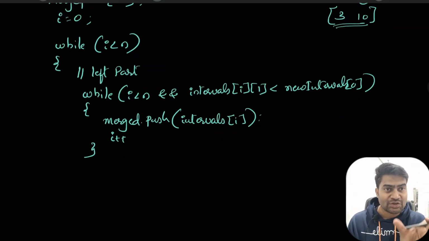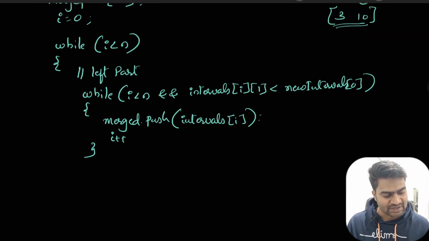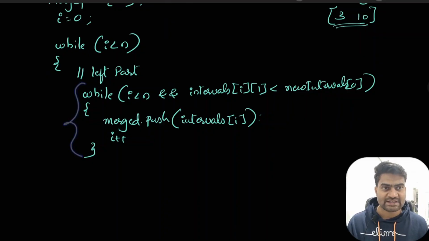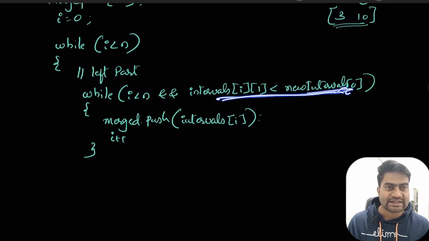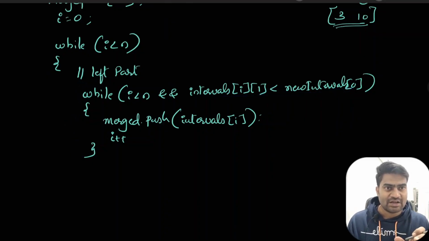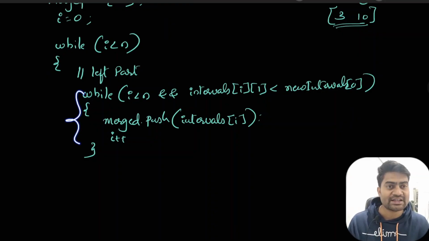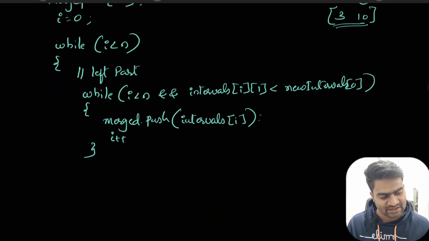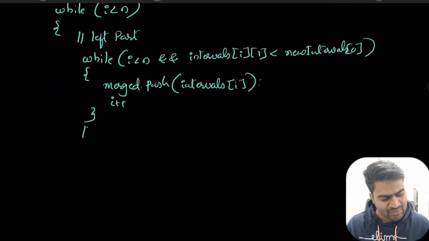Now after this, we need to process the middle part, which is the overlapping part. The beauty of this code is that this will process if there are non-overlapping initial numbers. If already the first value is the overlapping one, then this gets ignored and the next while loop gets executed. So this second part is the middle overlapping part.